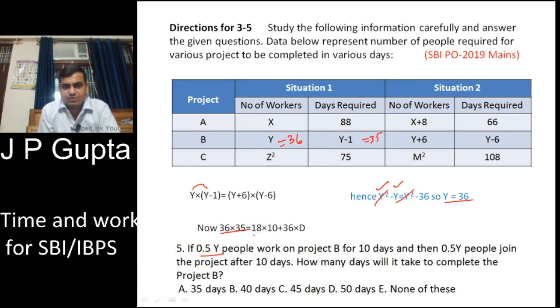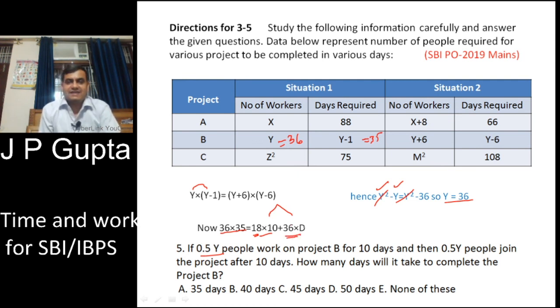So, 18 people initially for 10 days, and after 10 days let us say we take D days more, as we also did in question 2. Now, situation 2 or part 2, the second scenario where the question is being asked, is broken into two parts. In the first part there are only 18 people, and in the second part there are 18 plus 18, that is 36 people.